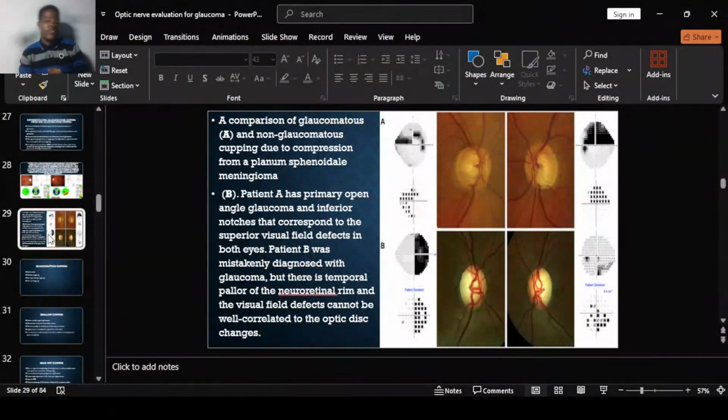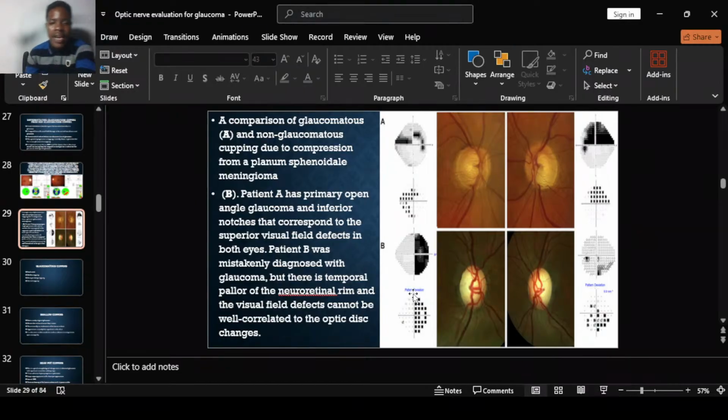Now let's look at this interesting case. This is a comparison of two cases, A and B. It is a comparison of a glaucomatous and a non-glaucomatous cupping. So if in this case A you find that even though this patient has a large cup, you see this CVF result is respecting the horizontal meridian.